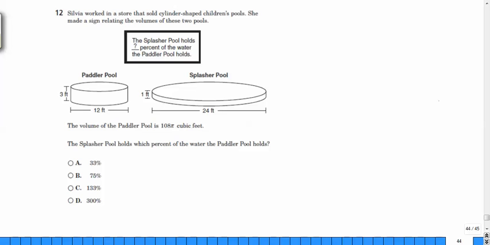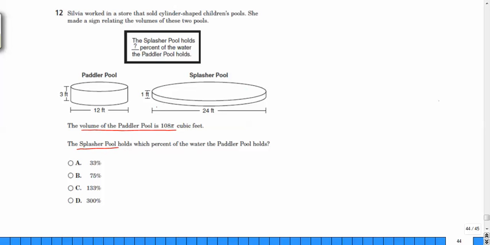In this case, we need to know the volume of the splasher pool, because the paddler pool's volume is given. They're telling us that the volume of the paddler pool is 108 pi cubic feet. How can we find the splasher pool volume?